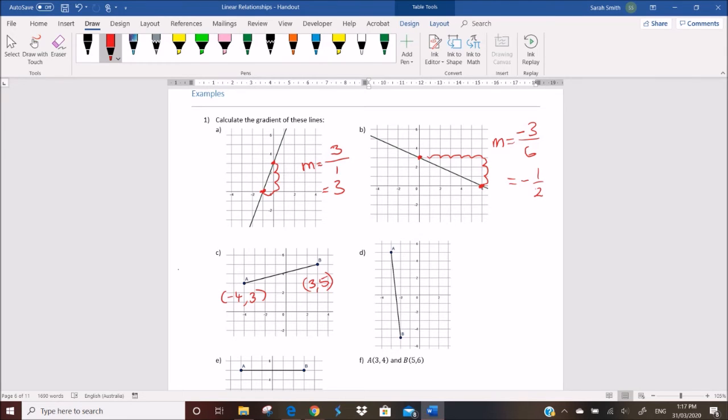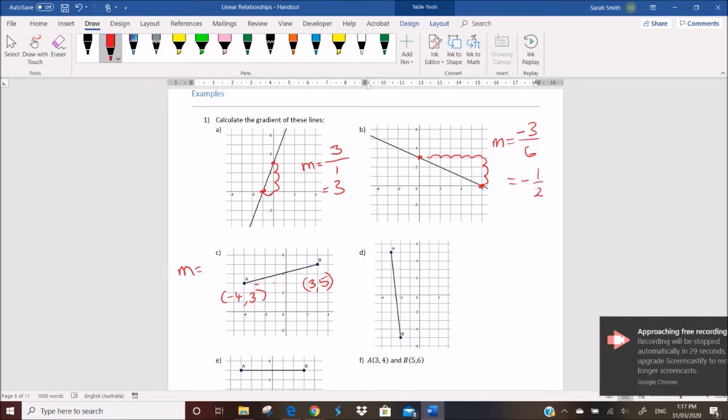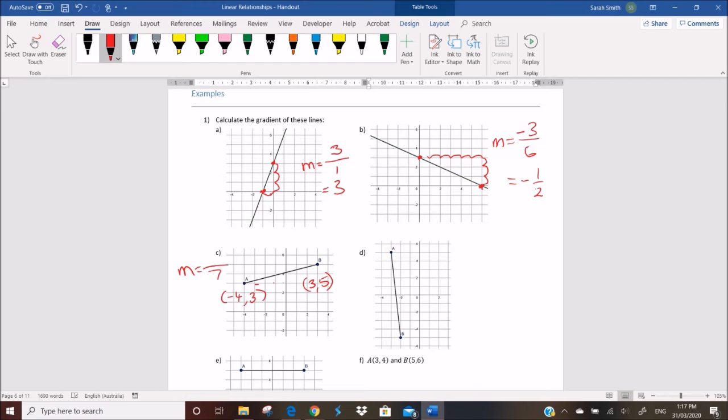So if we do rise over run, we're going to have m equals, we've gone across 1, 2, 3, 4, 5, 6, 7. So we've gone across 7, and then we're going up. So we're going to be positive. We've gone up 2.